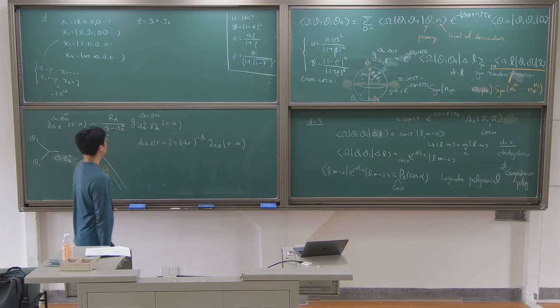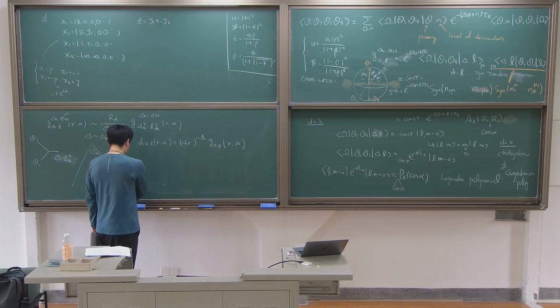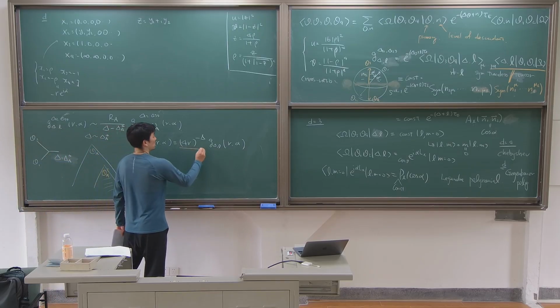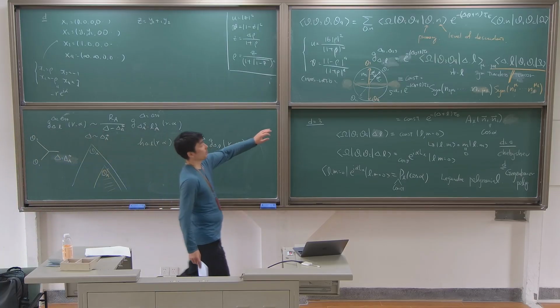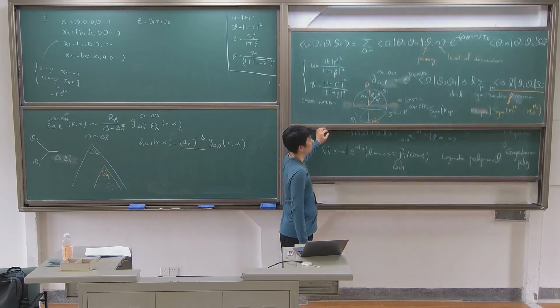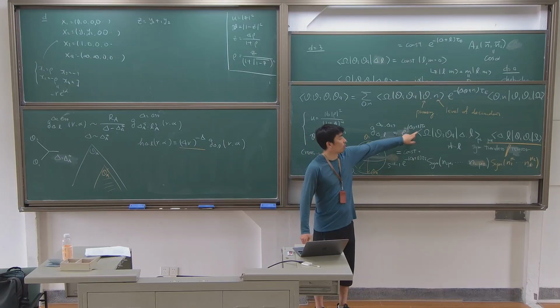You just factor out R to the minus delta, which always appears as the overall factor.